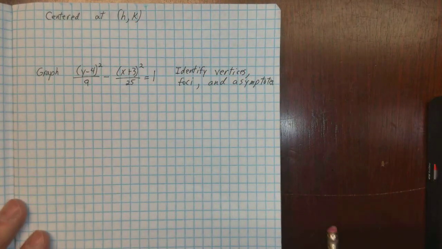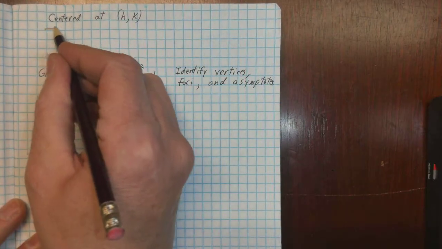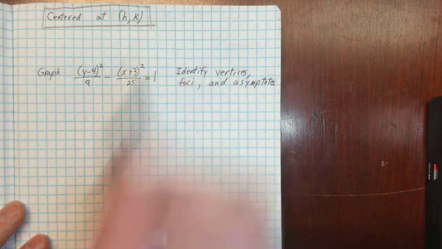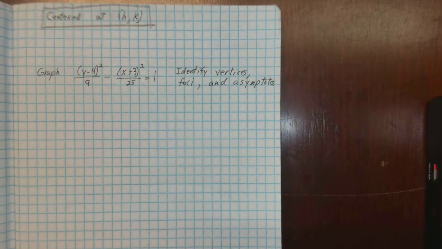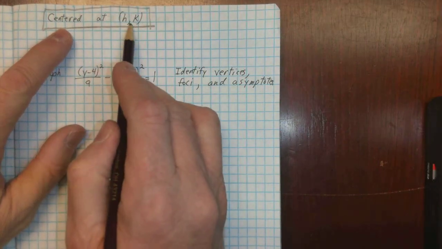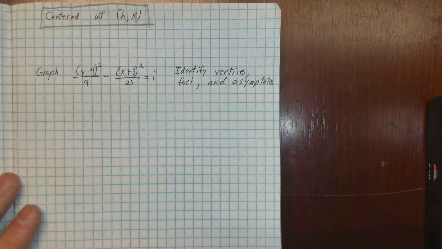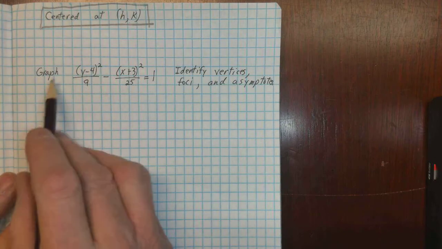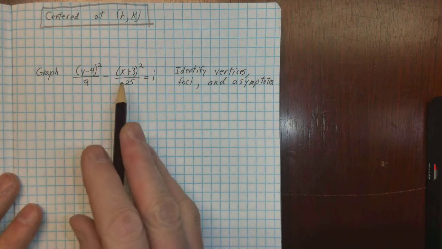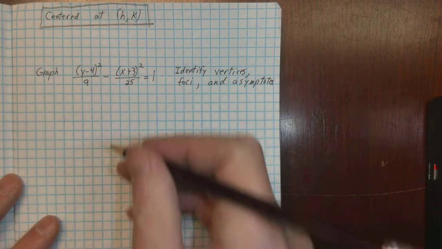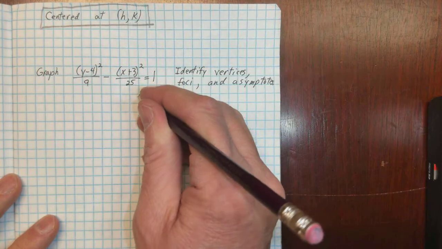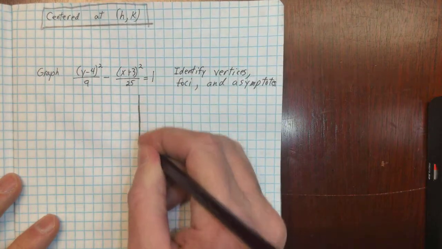Now, what I want to deal with is hyperbolas that might be centered someplace else besides the origin. Okay, so we're going to graph (y - 4) squared over 9 minus (x + 3) squared over 25 equals 1. Well, the first thing I'm going to do is draw my axes.